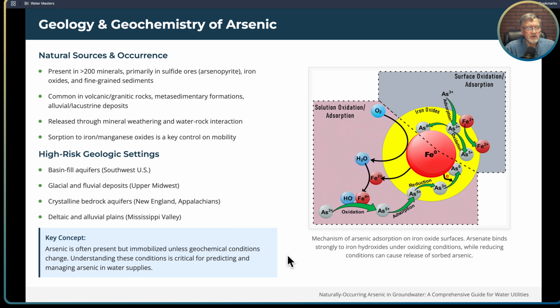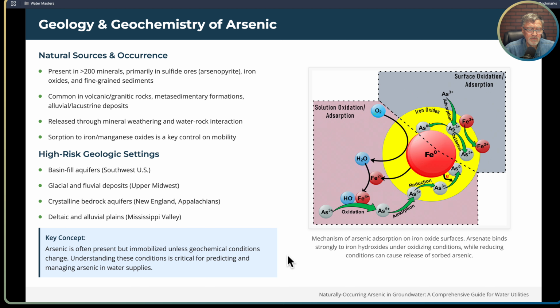So, high risk geologic environments in the southwest U.S.: we have the basin fill aquifers, like you get down in the Central Valley and down the Mojave Desert. Some of these dry lake beds are generally going to have high arsenic. On the eastern side of the Sierra, for instance in California, you get the Long Valley Caldera and some of those areas down there, and we see high arsenic associated with those.